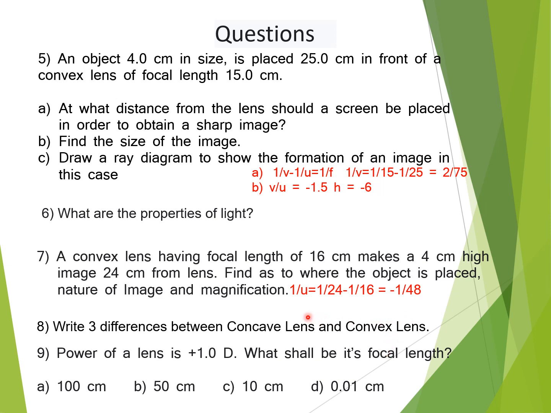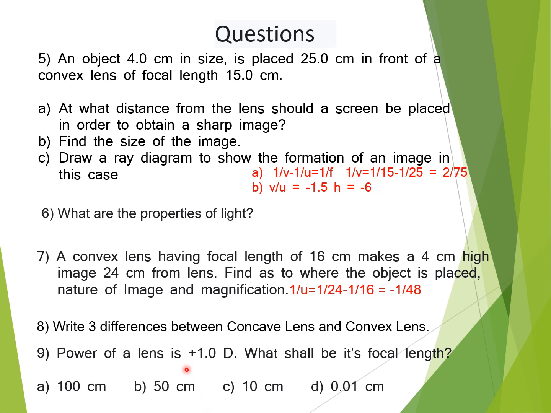Then in a concave lens we always get only small and virtual images, whereas in a convex lens we get both. In one case we get a larger virtual image, and in all other cases we get real and inverted images. So these differences you can write.